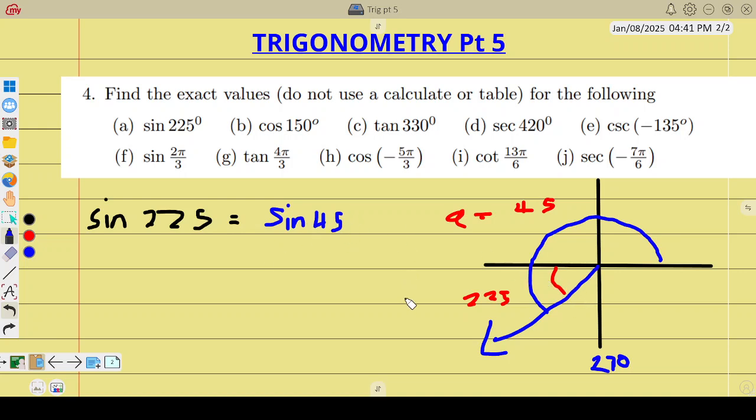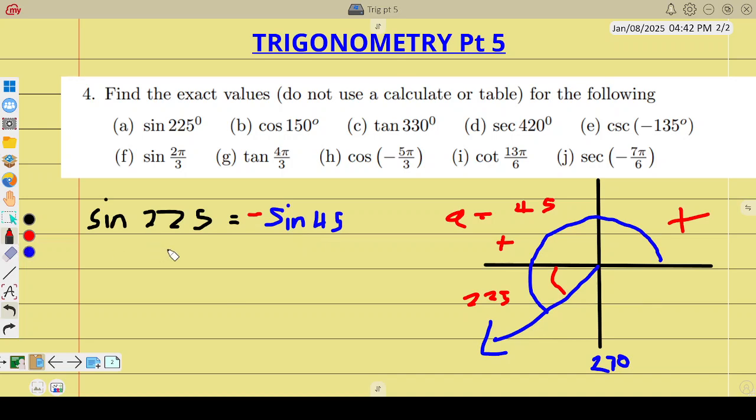Then we have to remember the signs. What is the sign of sine? In the first quadrant all the signs are positive, and in the second quadrant only sine is positive, meaning in these two, sine will be negative. So this is negative sine 45. In the third quadrant, sine is negative.